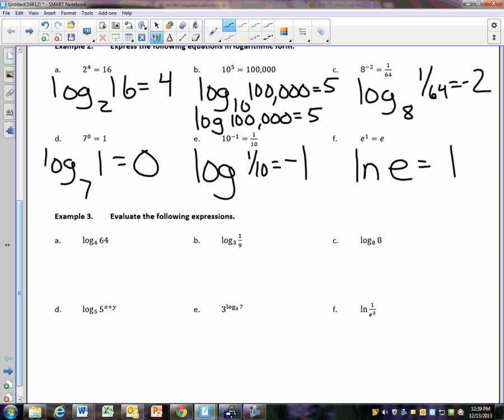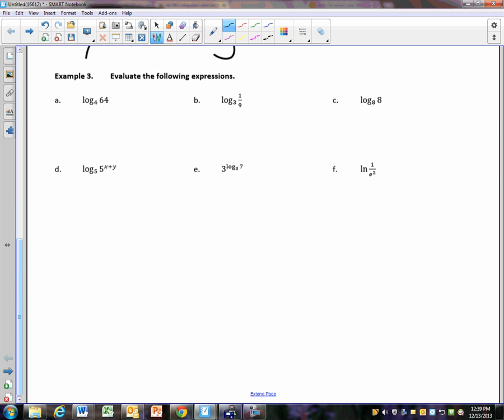We okay? Ready to step it up? Let's step it up. You guys are enthusiastic on this Friday. Log base 4 of 64 equals something. What is that something? 4 is my base, to some power equal to 64.